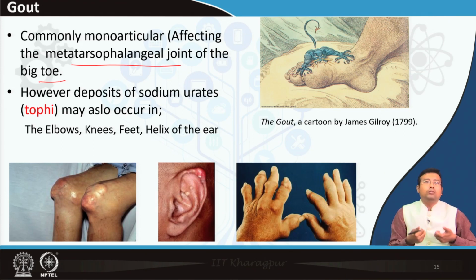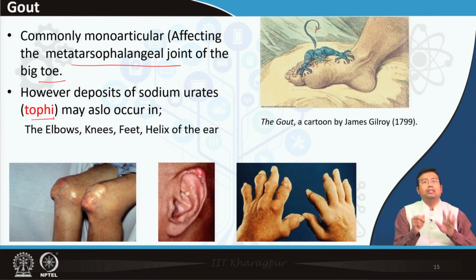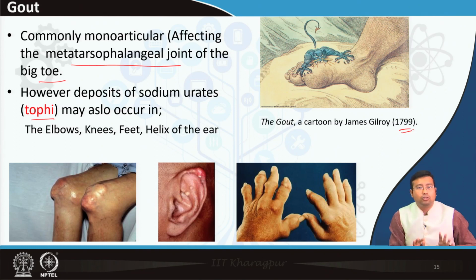However, monosodium urate crystals, which are also known as tophi, can be deposited in the elbow, knee, feet, helix of the ear, as you can see in the photos, and in interphalangeal joints. Now, this disease was discovered very early. It is not a recent disease, because we have had purines in our system. Alcohol has been consumed since ages, and purine degradation is also since ages.